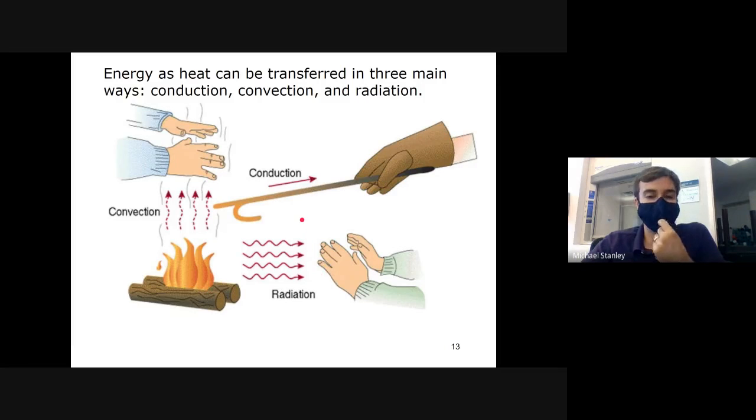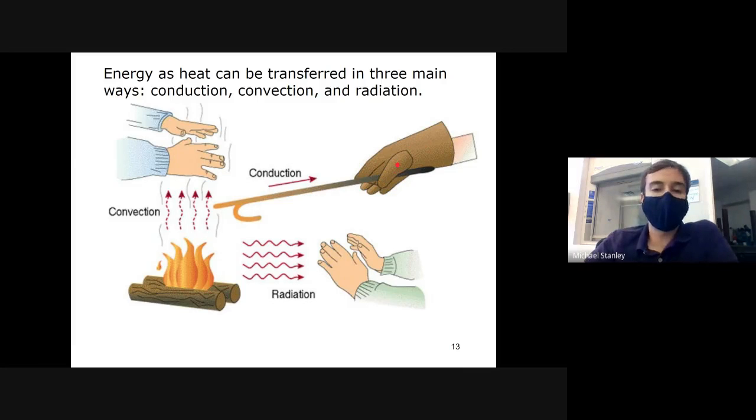It's kind of like with this metal rod right here. Imagine that it's sticking directly into the fire, like it's touching one of the logs. And then the heat travels up the rod and into this person's hand.